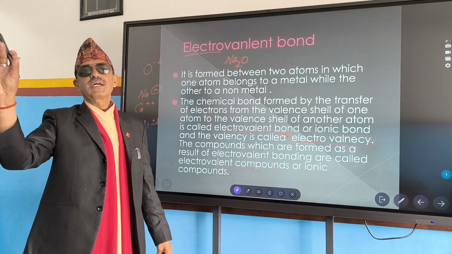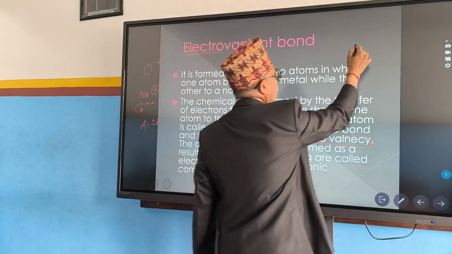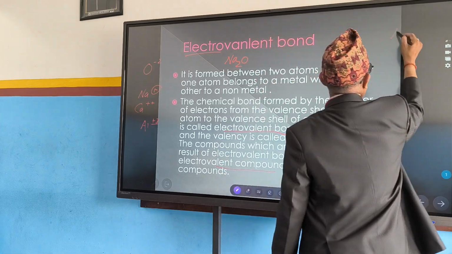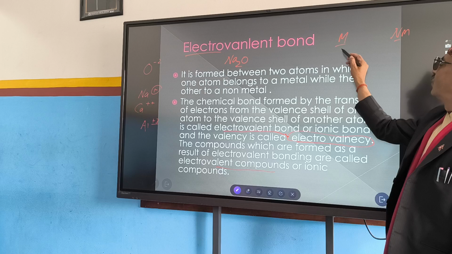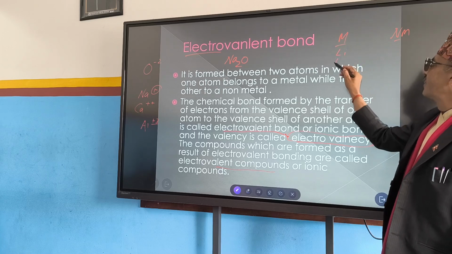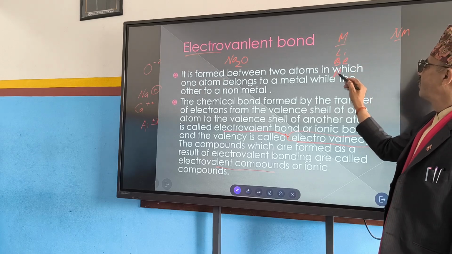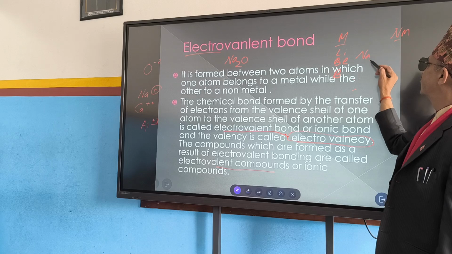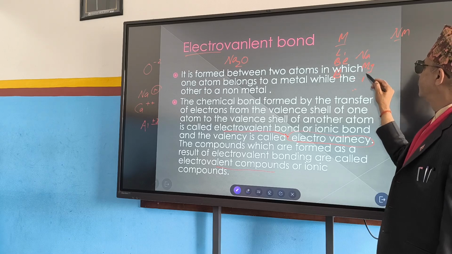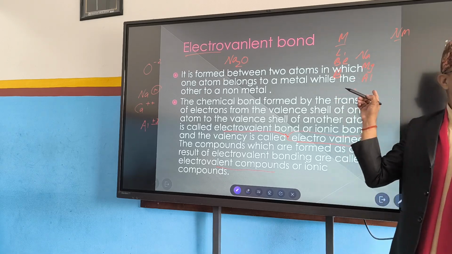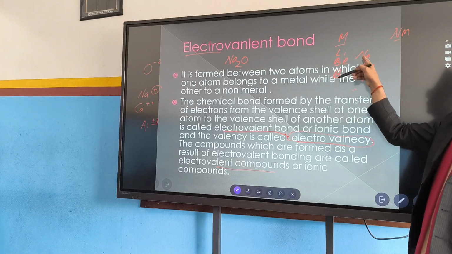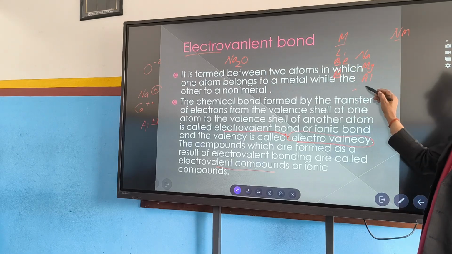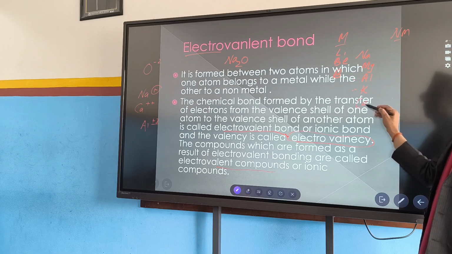Once again, let's remember which are metals and non-metals. I write here metal and non-metal. Can you give examples of metals? Lithium, beryllium, boron, sodium, magnesium, aluminium, potassium and calcium.